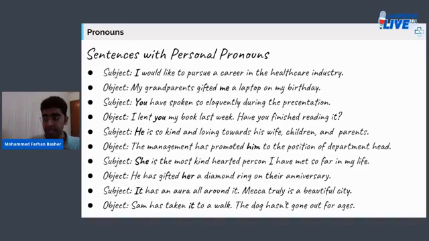Okay. The second example. The second example with the personal pronoun you. Now, you can be the subject personal pronoun, and it can also be the object personal pronoun. How so? Let's take a look at the examples here. You have spoken so eloquently during the presentation here.